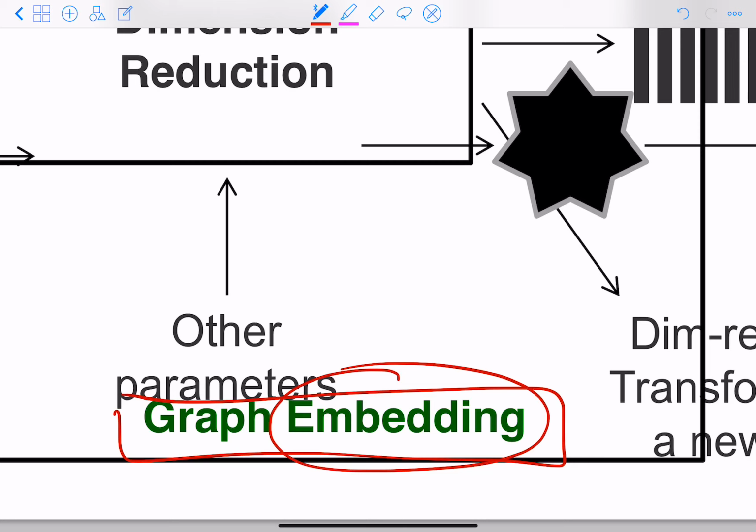If you are familiar with word embedding, words are not originally assigned a particular high dimensional vector representation, but out of some relationship between words, we generate a fixed dimensional vector representation of words, right?